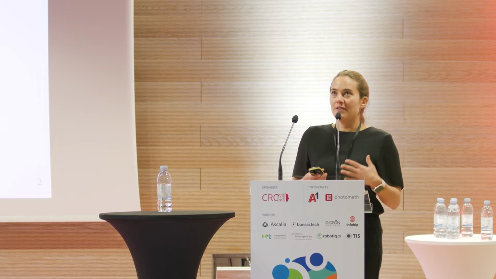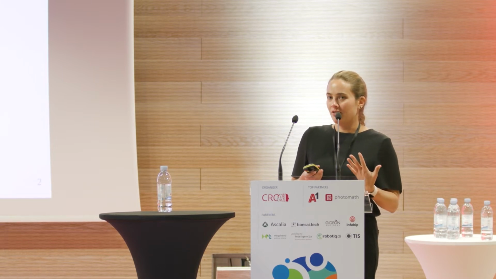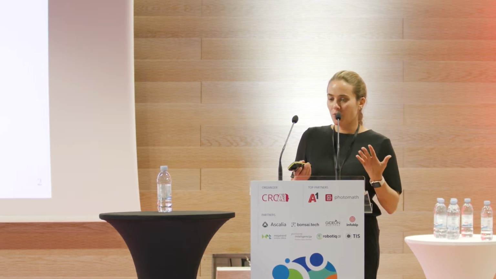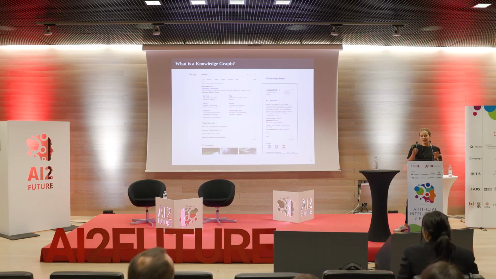A knowledge graph is essentially a graph-like representation of knowledge, where we have subject entities, object entities, and relations between them. So when you type in DeepMind, this knowledge panel gives you object entities that are related to the subject entity DeepMind through various kinds of relations.